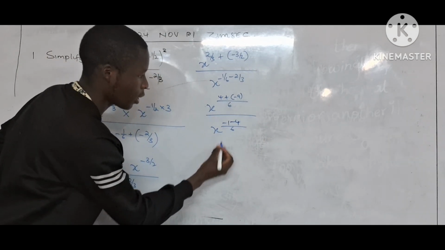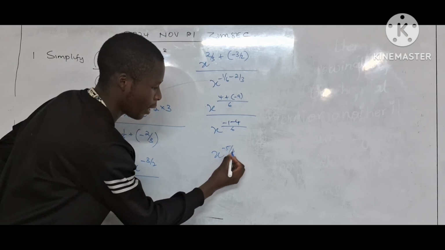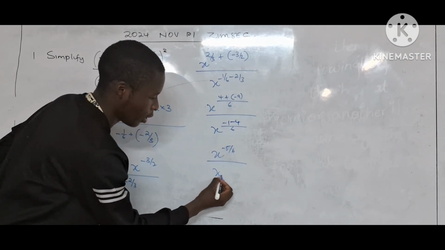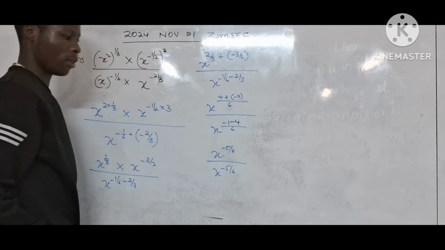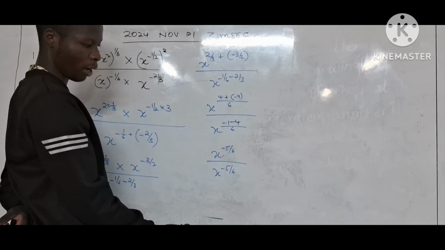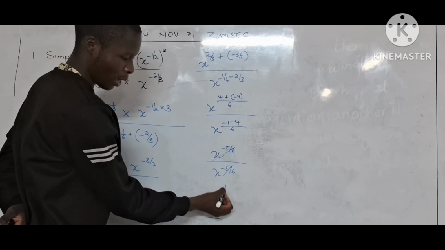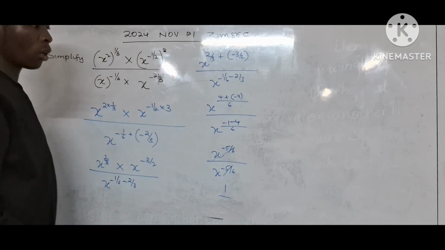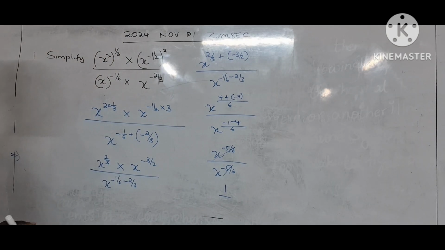Here we are going to get x to the power negative 5 by 6 divided by x to the power negative 5 by 6. x to the power negative 5 divided by x to the power negative 5, what is the answer? The answer is 1. So this is the final answer for question number 1.